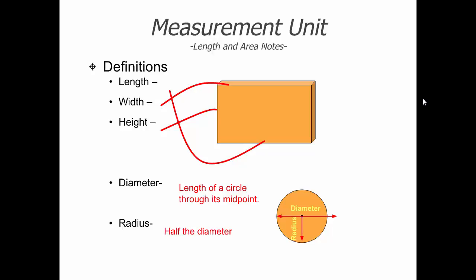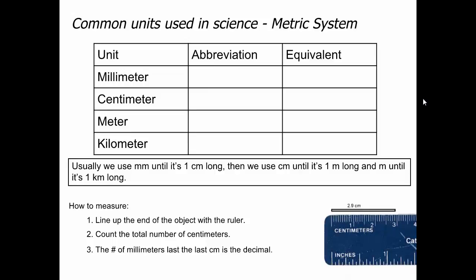Yes, it's half the diameter, or the distance from the midpoint to one edge of the circle. We also have some formulas that you're going to have to know about. We'll get to those in a minute.